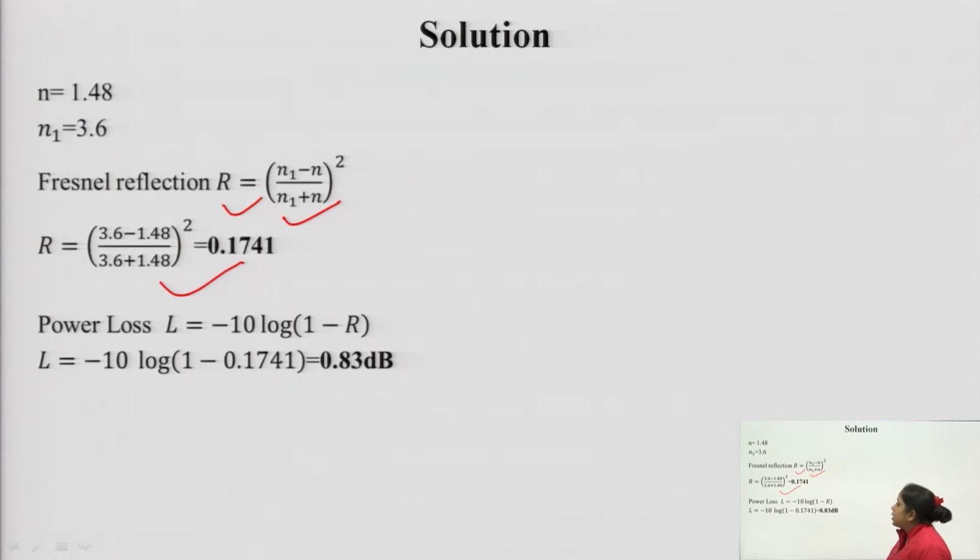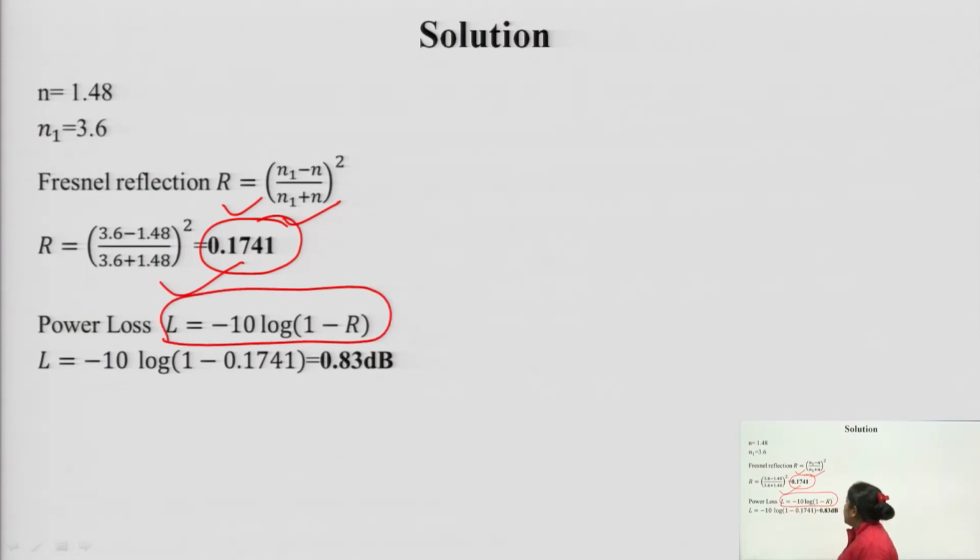By putting the values and calculating, we are getting the Fresnel reflection coefficient as this one, and we already know that due to this condition the power coupled into the fiber from the LED gets reduced. So, the value of power loss is given by this equation, L equal to minus 10 log (1 minus R). By putting the value of R here, we are getting the power loss as 0.83 dB.